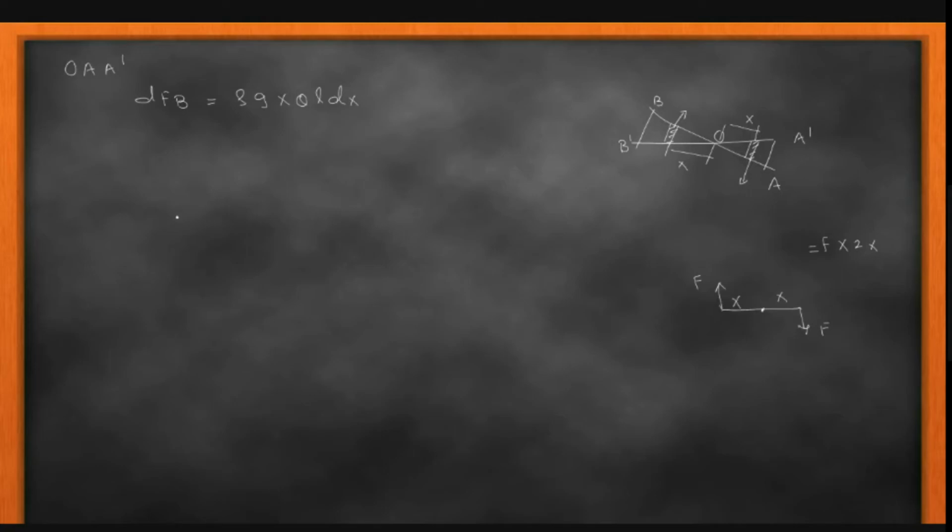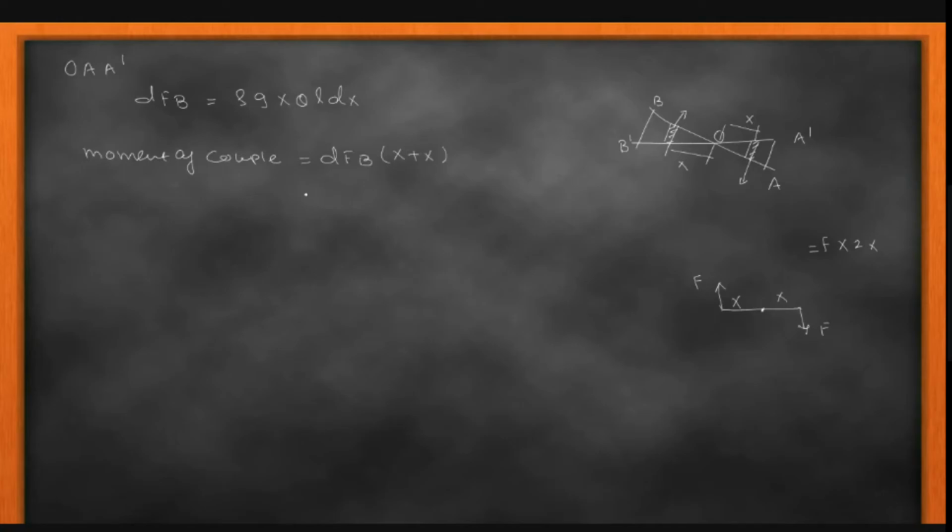Now these two elementary buoyancy forces act in opposite directions and produce an anti-clockwise couple. So the moment of the couple is dFB into x plus x, that is 2x.